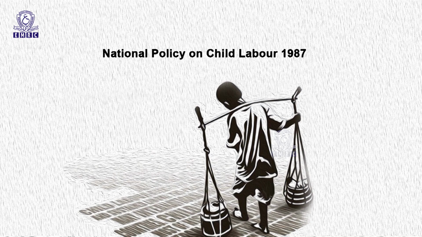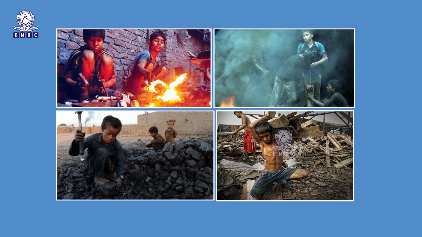National Policy on Child Labour 1987 is the policy that focuses on rehabilitation of children working in hazardous occupations and processes.